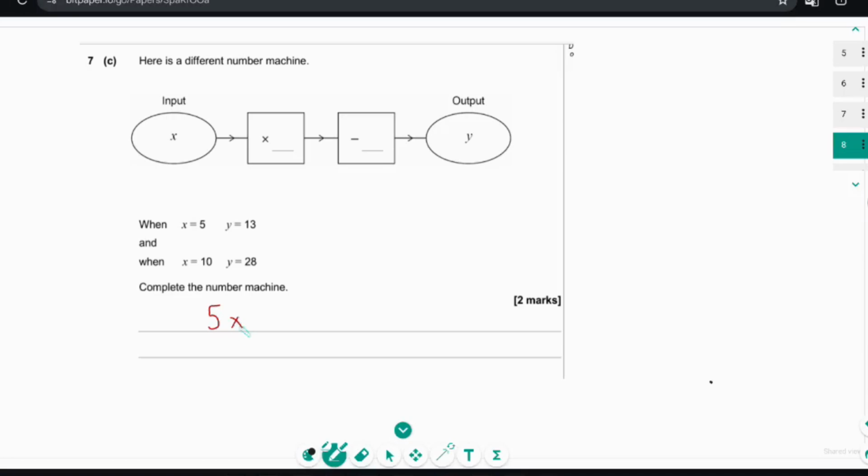But 5 times 3 will give you 15. And then 15 take away 2 equals 13. Let's just see if those same operations work here. So when x is 10, 10 times 3 is 30. 30 take away 2 is 28. Yes, that works. So it's times 3, take away 2.